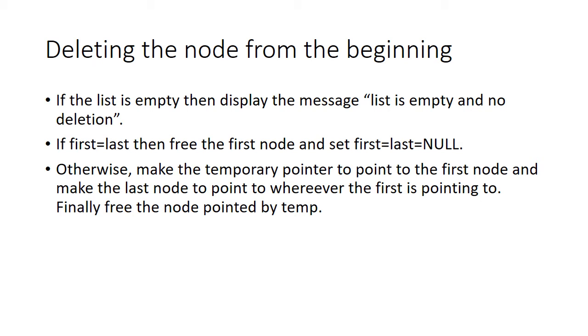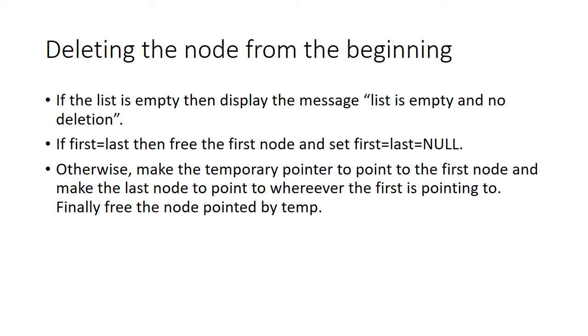But if I have more than one node in my list, then I have to assign the address of first to a temporary pointer, temp, which has to point to the first node.